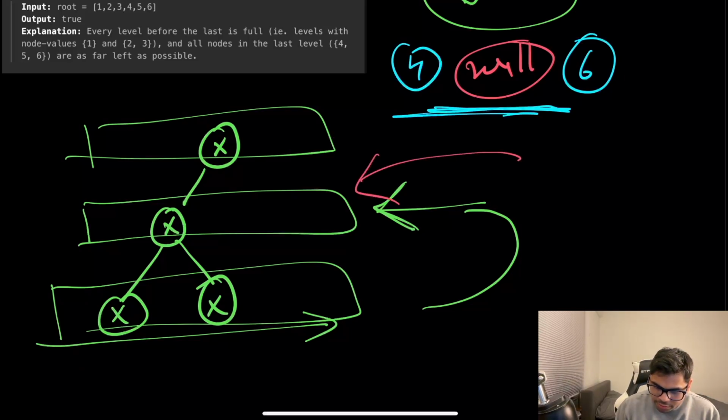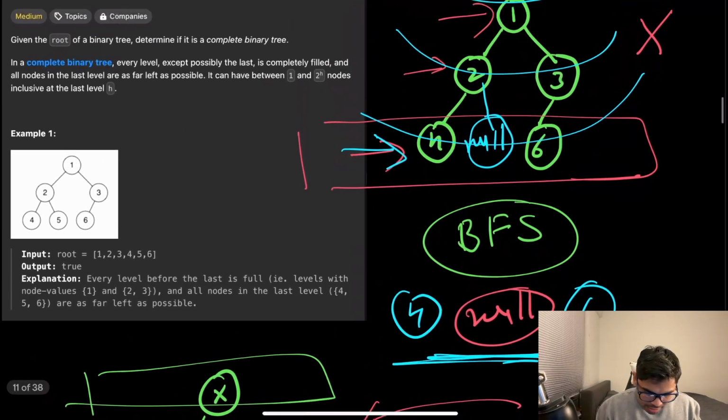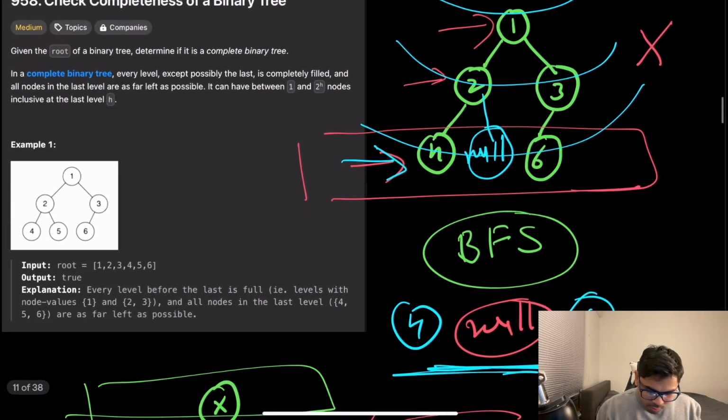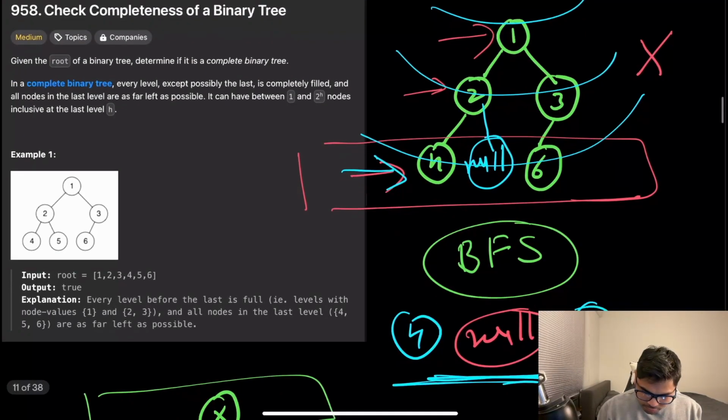This is not completely filled, so it's not a complete binary tree, although the last level here does satisfy all the conditions of a complete binary tree. So I think the solution will be quite simple. We just have to understand the definition right, and transition it into our code. Okay, let's move on to our code editor and write the solution down.